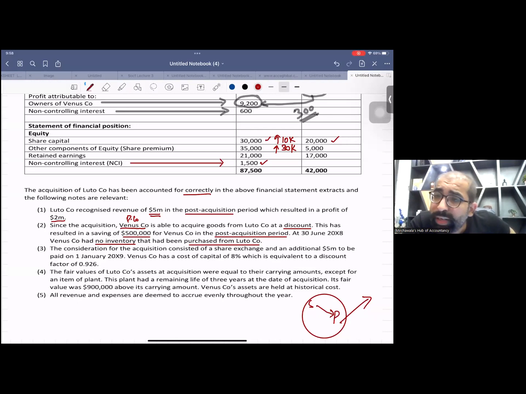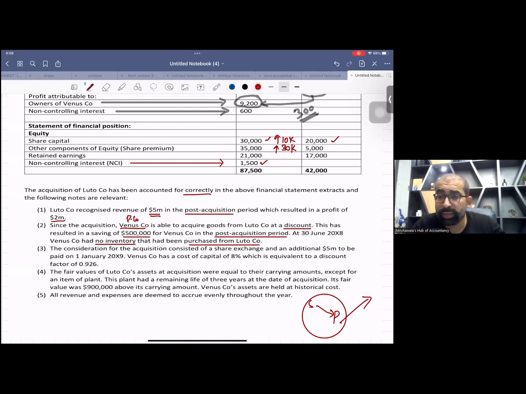But as there is no unrealized profit, that means this benefit of 500,000 has been realized by the group, and this is included in the income statement. And this 500K savings is already reflected in the net profit, my dear students.